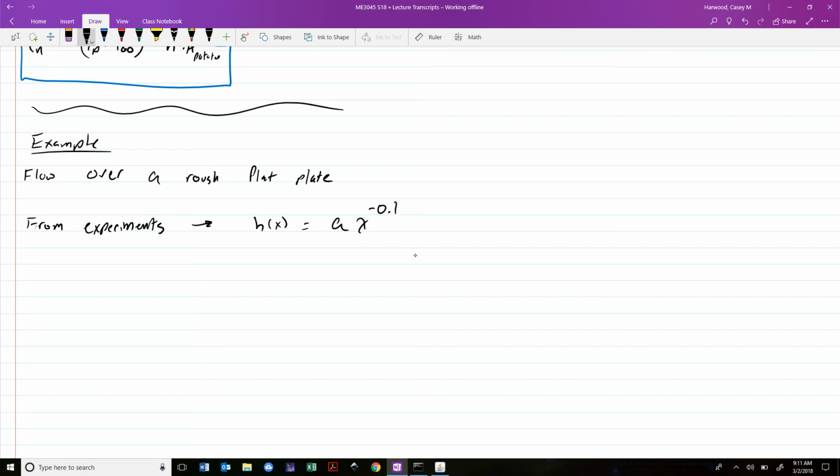So what this is saying is that h is going to have this behavior like this, right? It's going to be this decaying term, where A is a coefficient that has units of watts per meter to the 1.9th power.